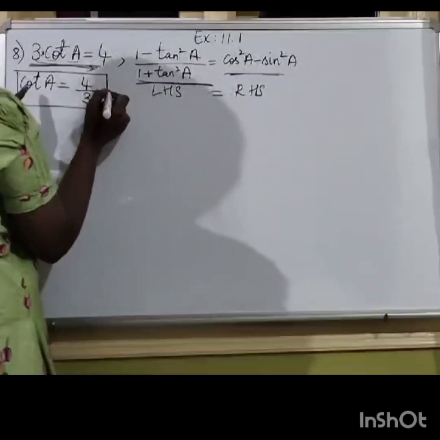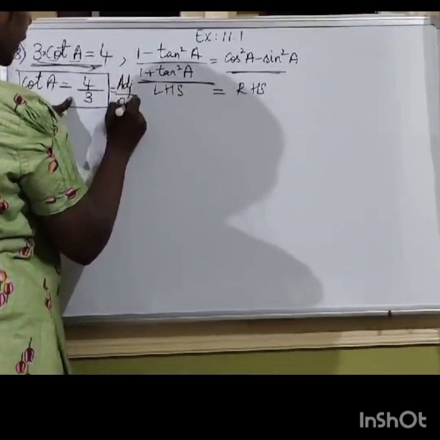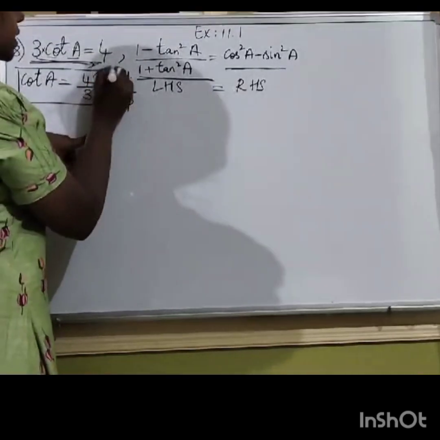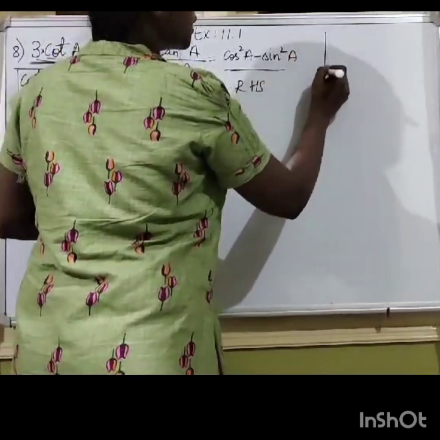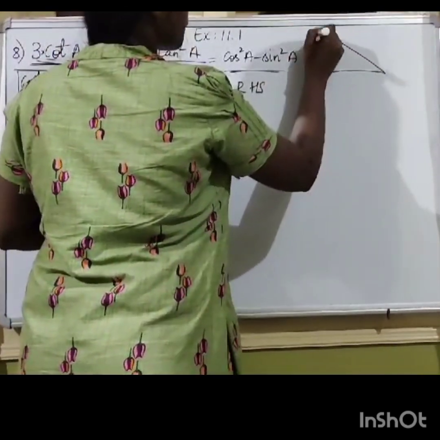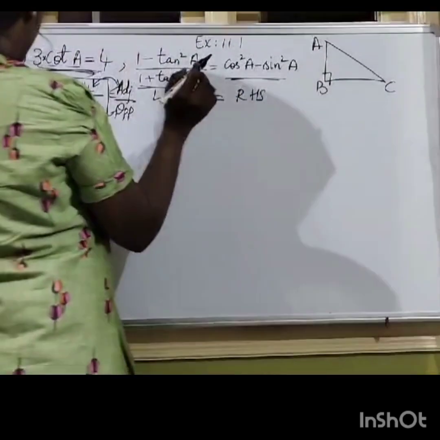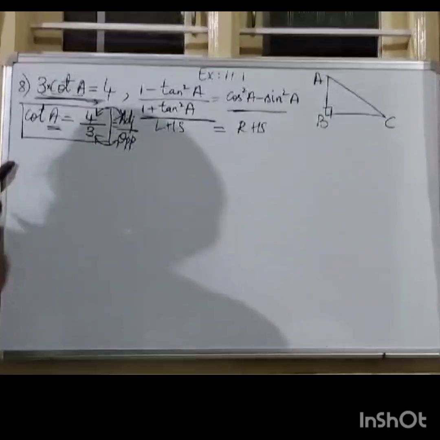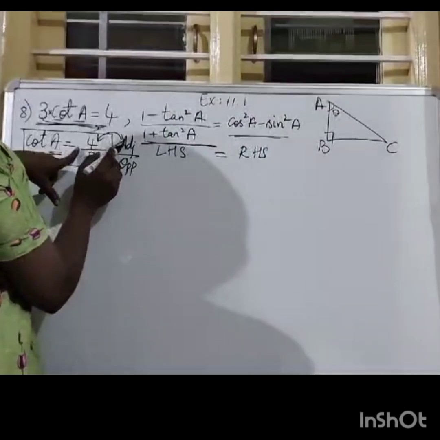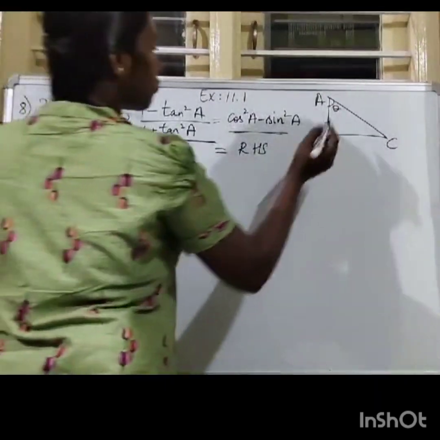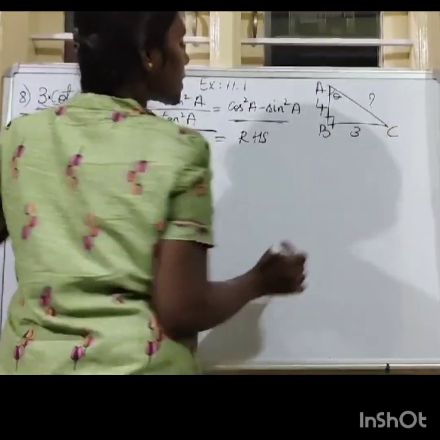Now the ratio for cot is adjacent by opposite. So our adjacent value will be 4 and opposite value will be 3. Consider a right triangle. And the same, it is cot A. So theta will be the angle A. And the same adjacent value is 4. Opposite value is 3. We don't know AC value.